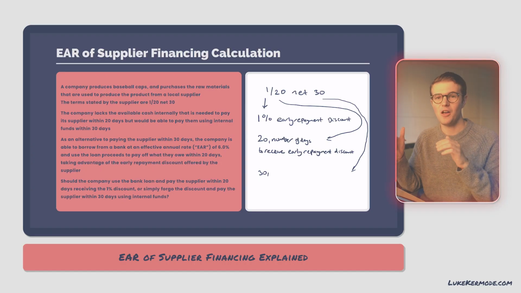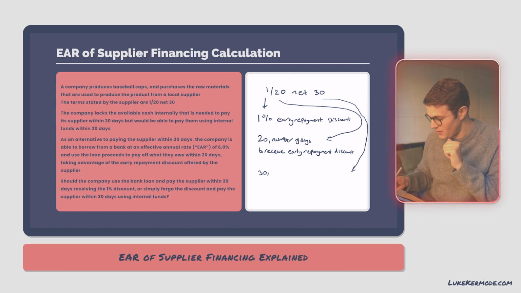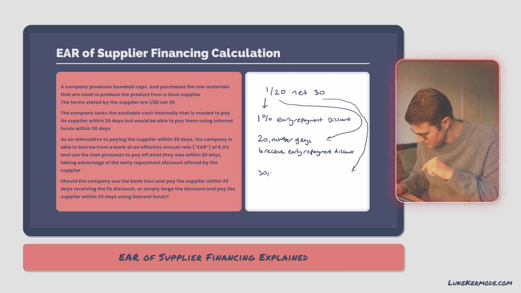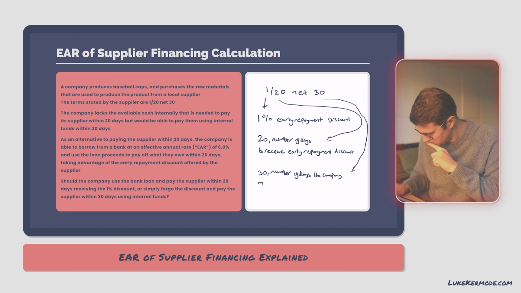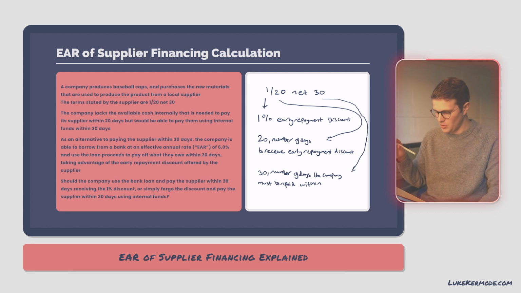If they pay the supplier within the last 10 days, they will not receive the early repayment discount. So 30 days is the number of days the company must be repaid within, full stop. There's no sort of question marks around that.